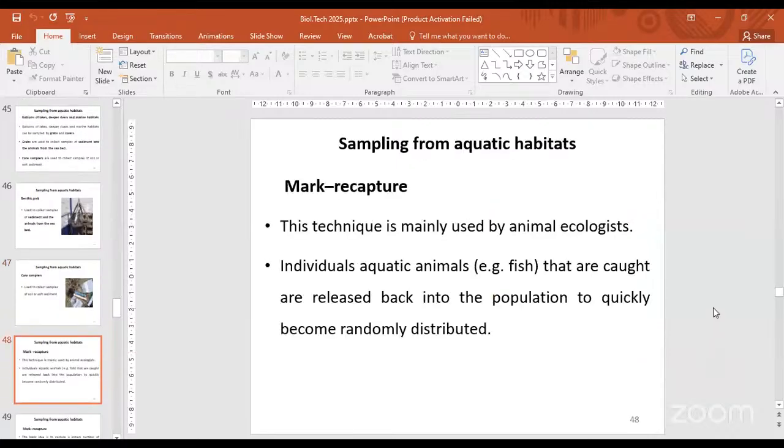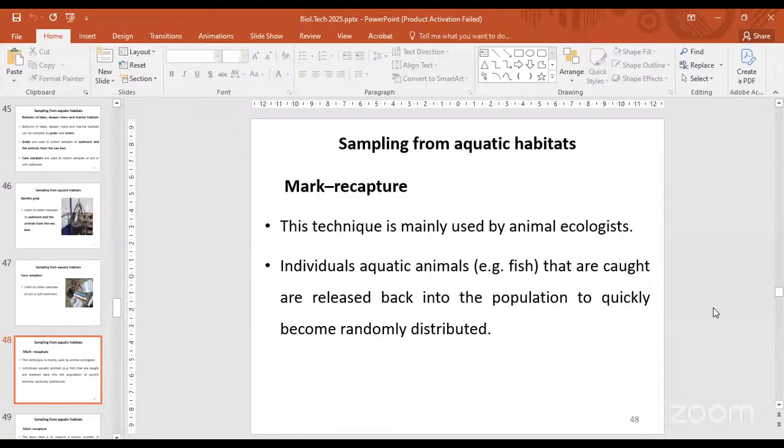Now, another method to sample from aquatic habitat is the capture method. What does this technique entail? It is the same method we have been learning from secondary school days.